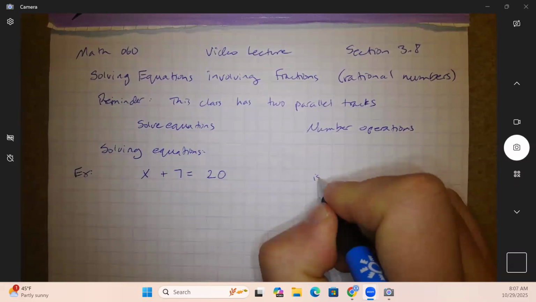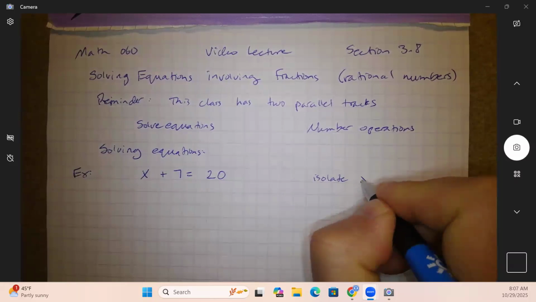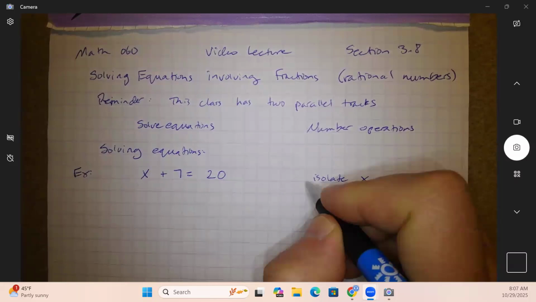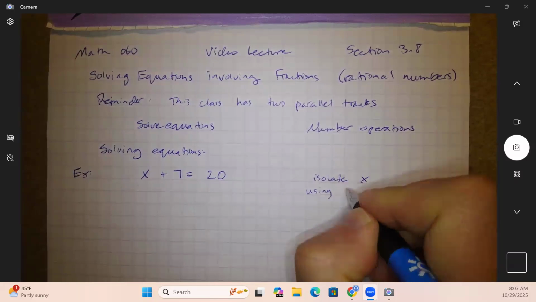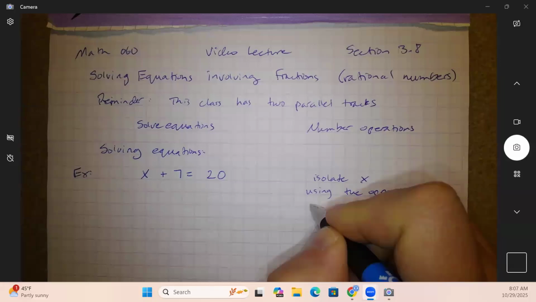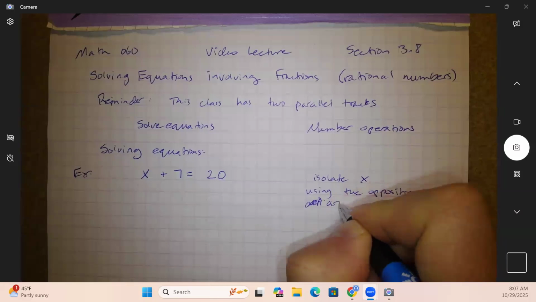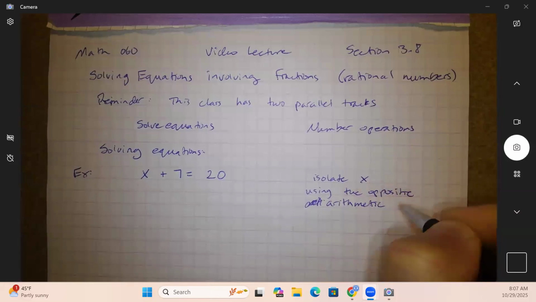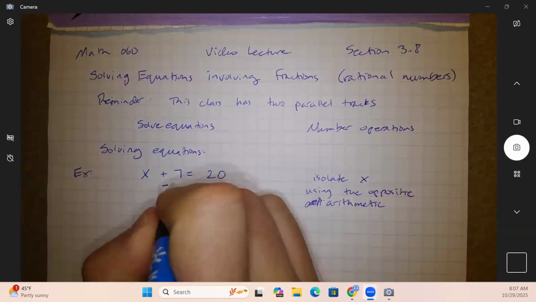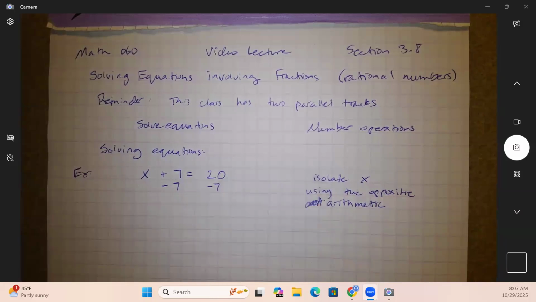In general, to solve equations, we want to isolate the x by using the opposite arithmetic. So if it's x plus 7 equals 20 and I want to isolate the x, I'm going to subtract 7 from both sides.